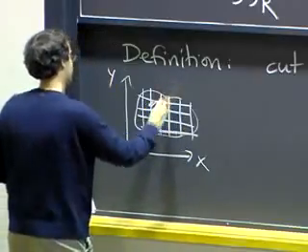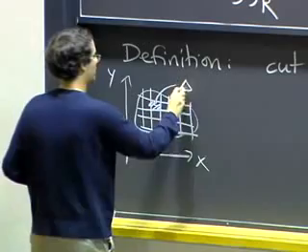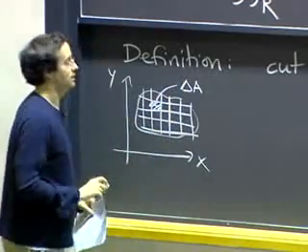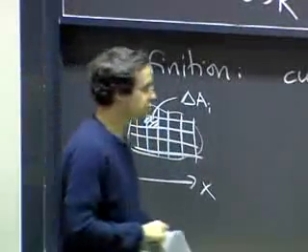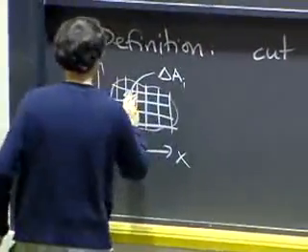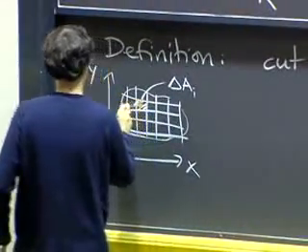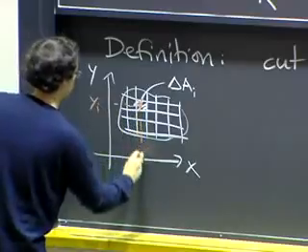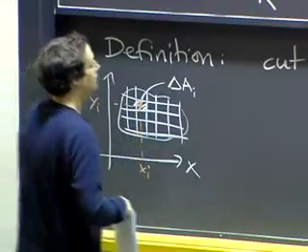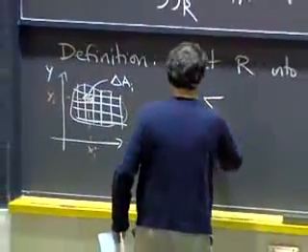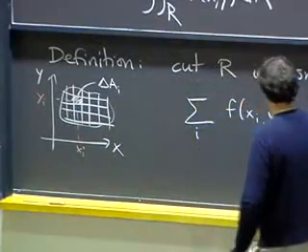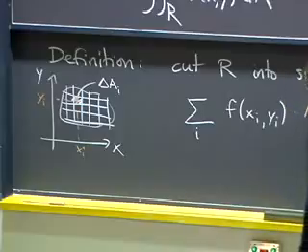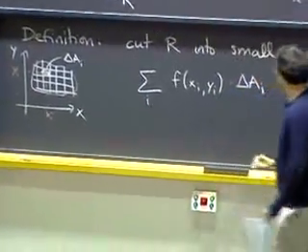Each small piece will have area delta A_i, and it will be at some point, let's call it x_i, y_i. Then we'll consider the sum over all the pieces of f at that point, x_i, y_i, times the area of a small piece.